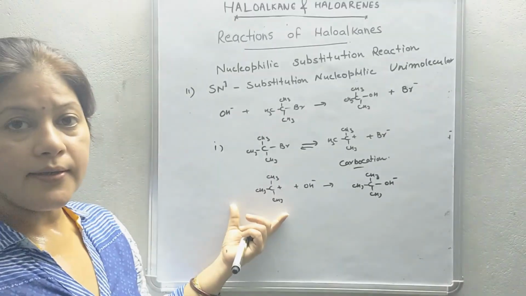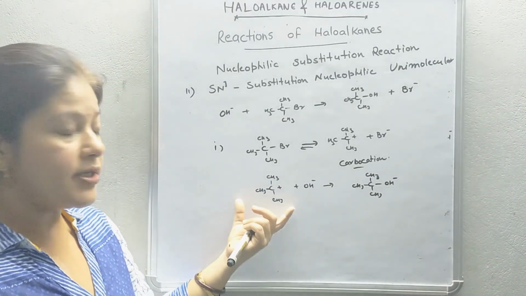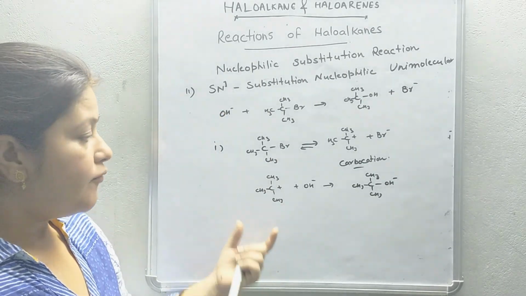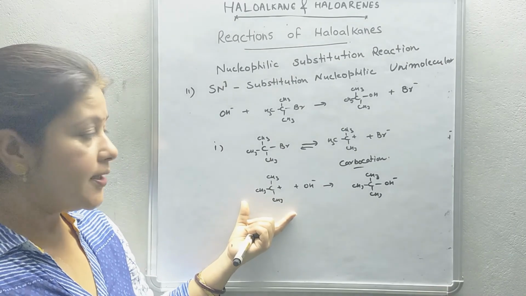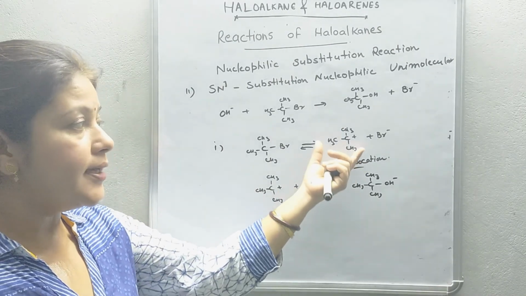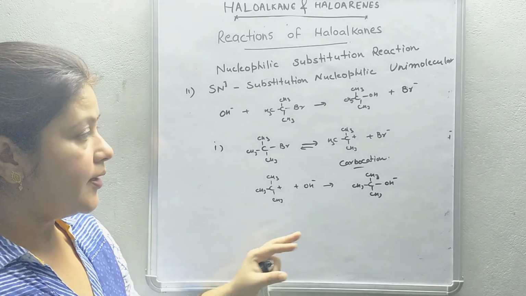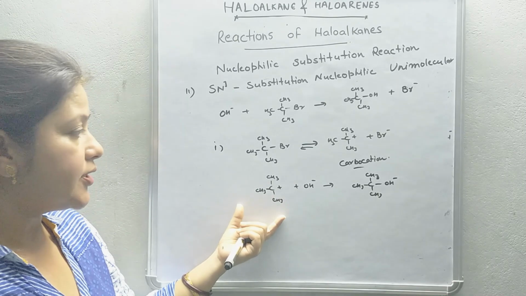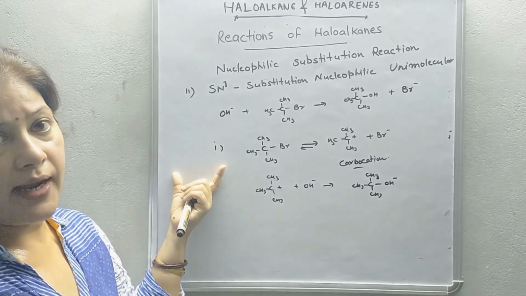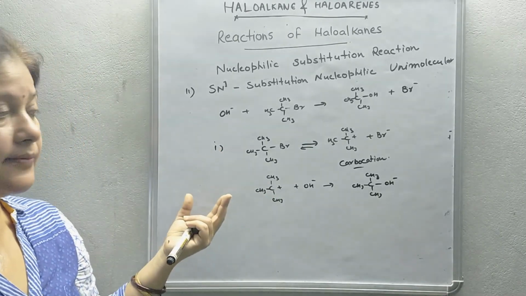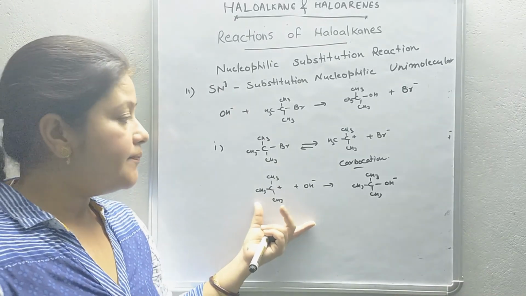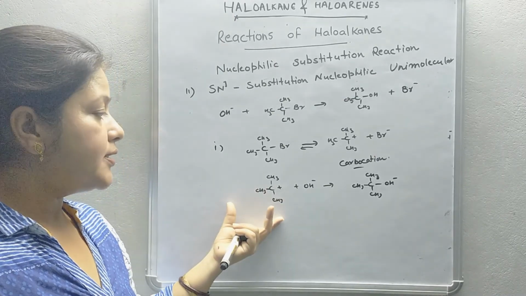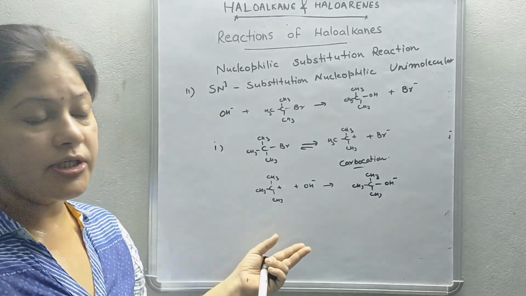Now the factor which enhances the formation of carbocation will enhance the SN1 reaction. For example, in this the carbocation formed is more stable. So the tertiary butyl bromide reaction is carried out in SN1 mechanism, and the factor which helps in this process will enhance the SN1 reaction.